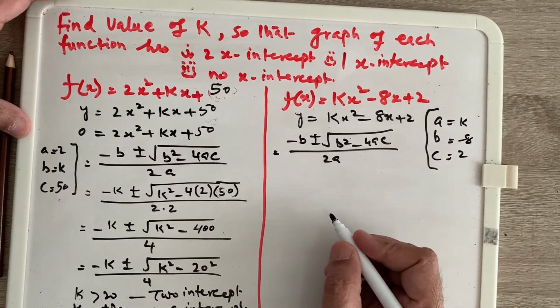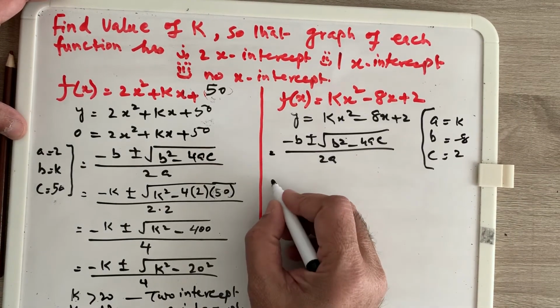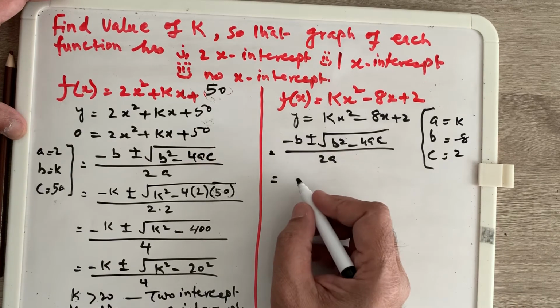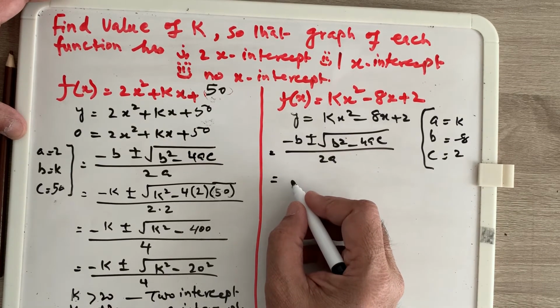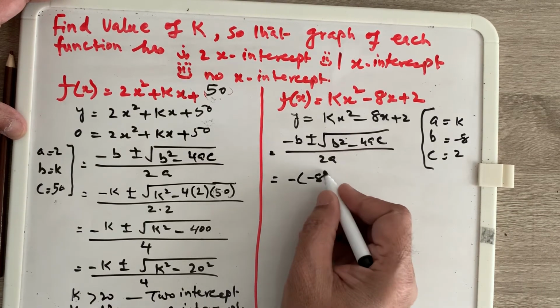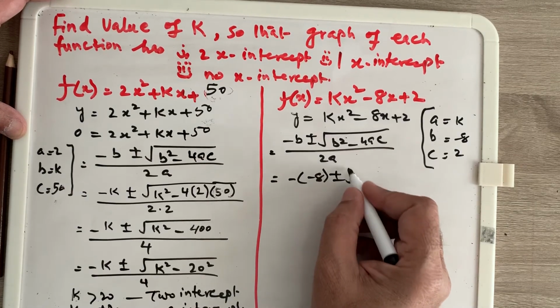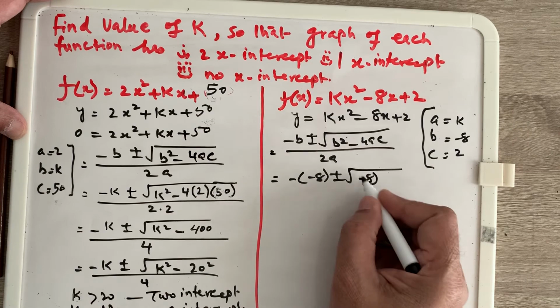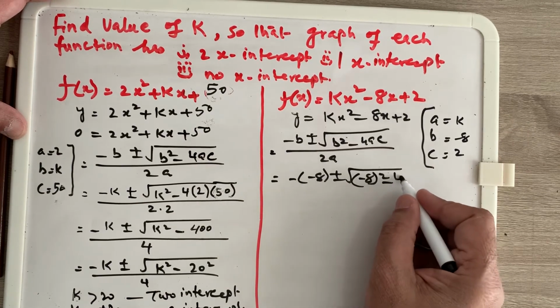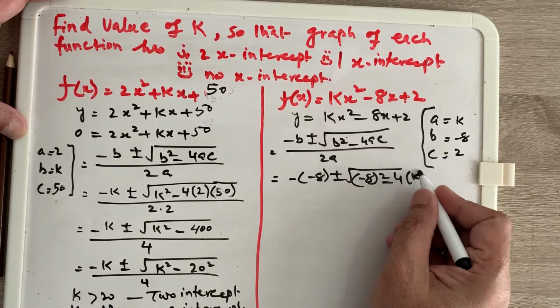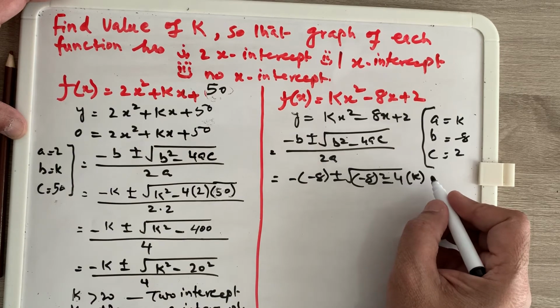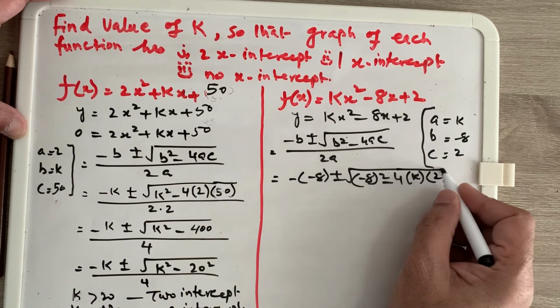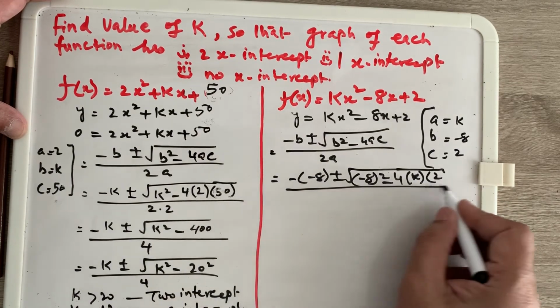So I will plug in the values. Minus b means minus 8, right? And b square means minus 8 square. So I have minus 8 square minus 4 times a is k, and c is 2. I substitute my values, divided by 2a.